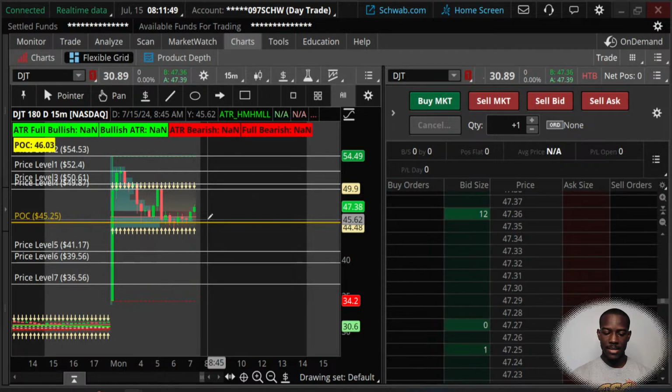Got about 19 minutes to the bell. And I'm thinking if it goes back under 46, it's going to be bearish for a little bit today. But it could snap back. 47's up there, 47 going towards 48s.